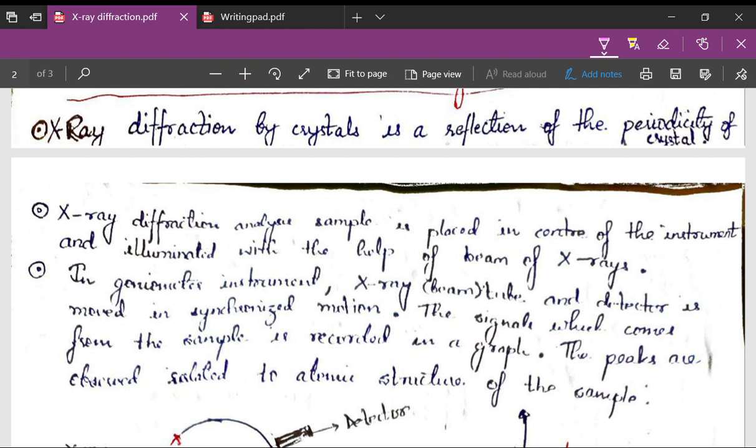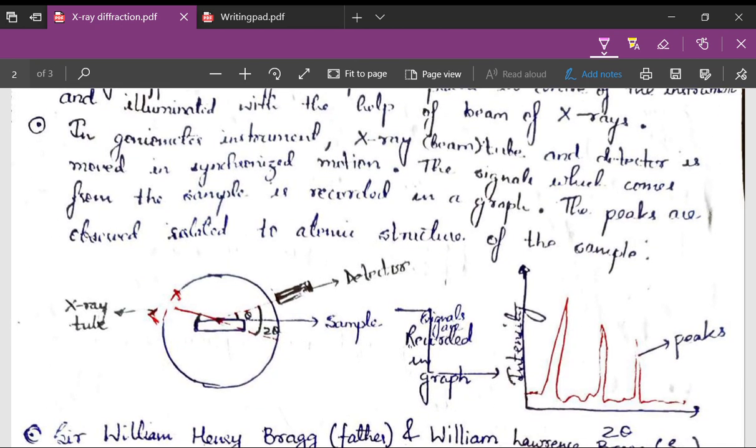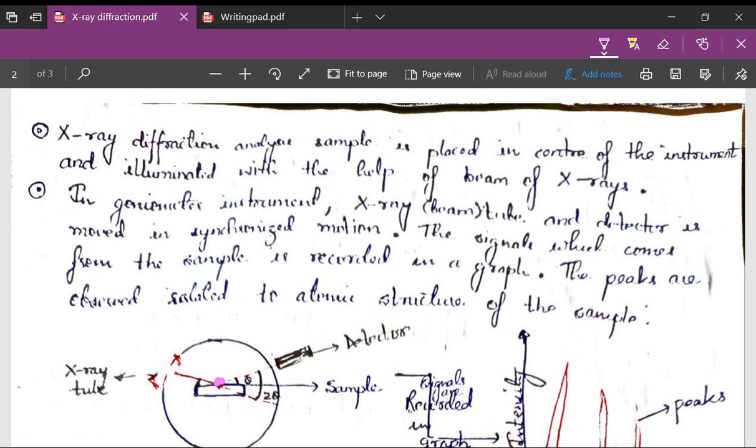In X-ray diffraction analysis, first of all, the sample is placed in the center of the instrument. This instrument is known as goniometer, and it is illuminated with the help of X-ray.